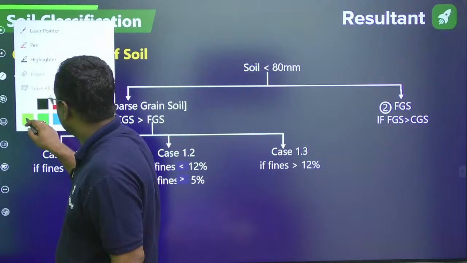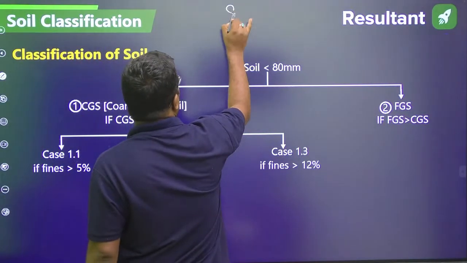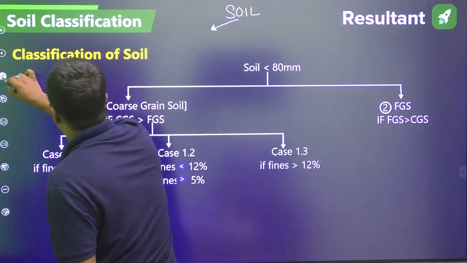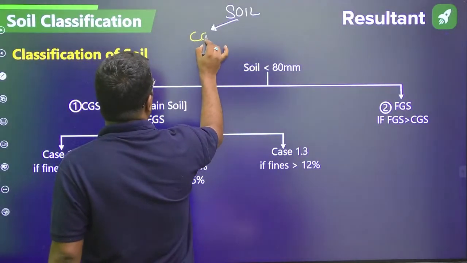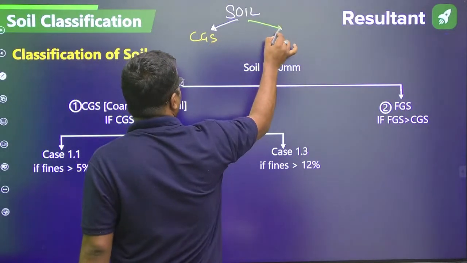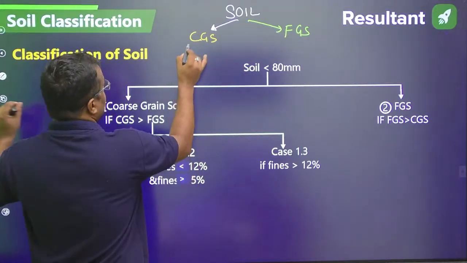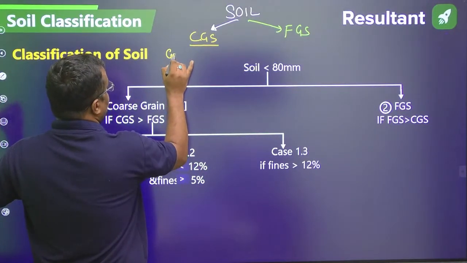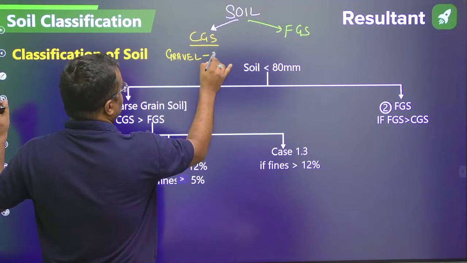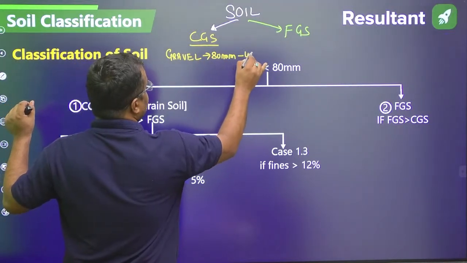Guys, anything which is less than 80 mm is soil. But soil is of two types: coarse grain soil and fine grain soil. There are two types of coarse grain soil. Gravel means size from 80 mm to 4.75 mm.